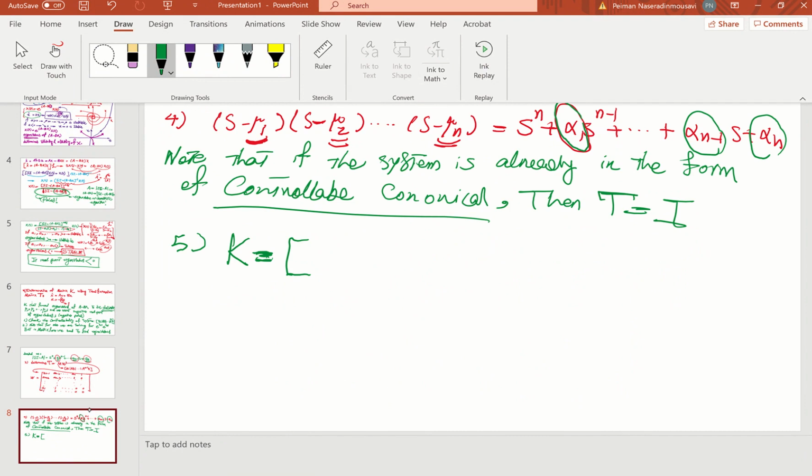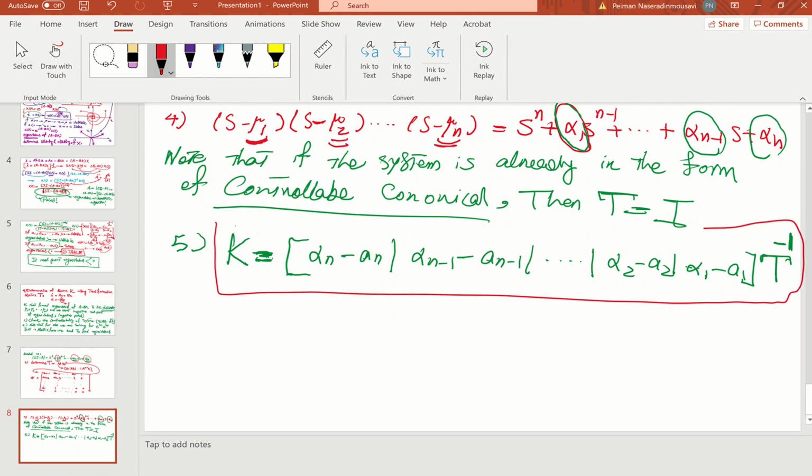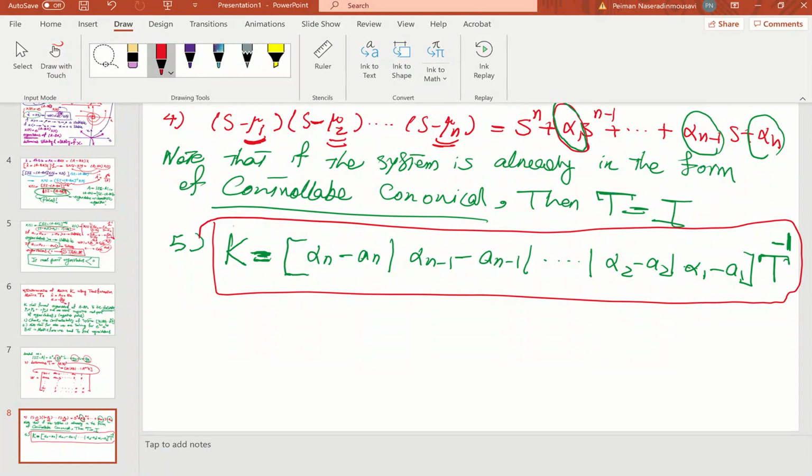After doing this, it's going to be alpha n minus an, alpha n minus 1 minus a n minus 1, alpha 2 minus a2, and finally alpha 1 minus a1, multiplied by the transformation matrix inverse. This is the general way to determine the gain matrix for feedback control design for an LTI system.